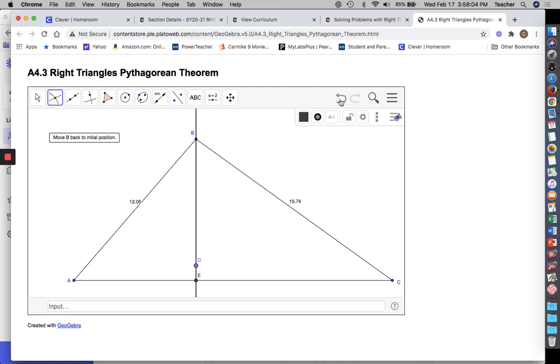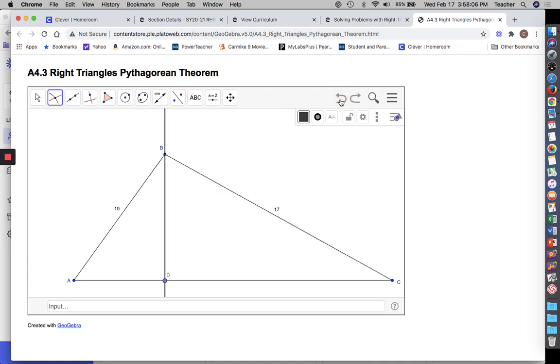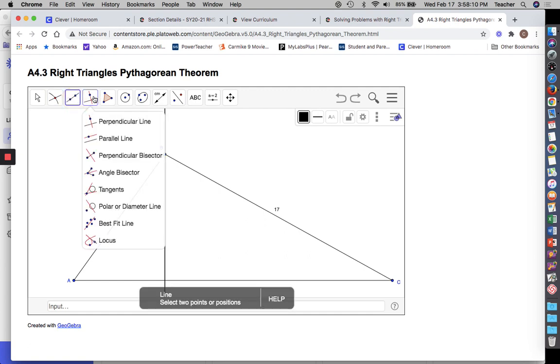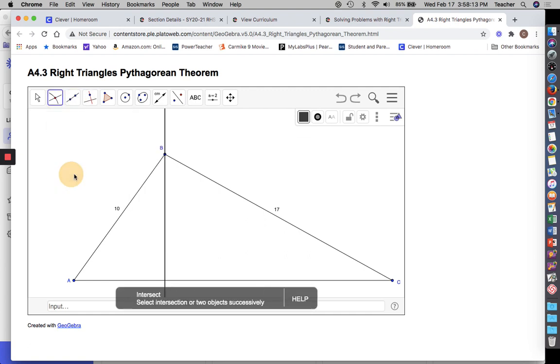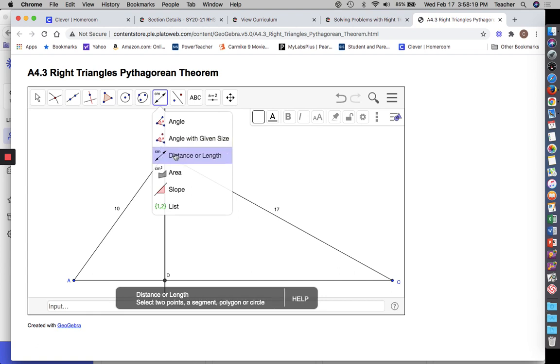Alright, I'm gonna have to do that. So now I got my perpendicular bisector. I'm going to have to select intersect. Intersection of this line and this line is D. Oh my goodness, that is just bothersome.